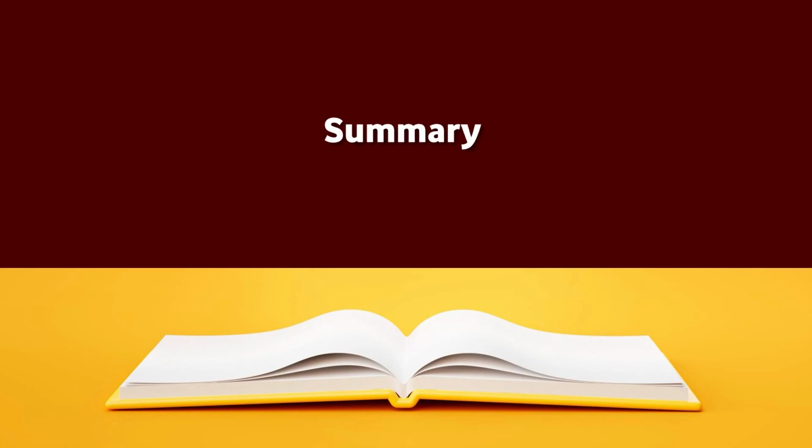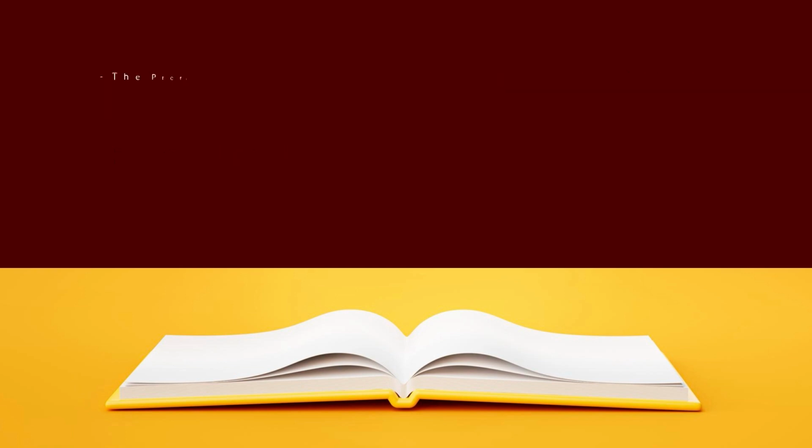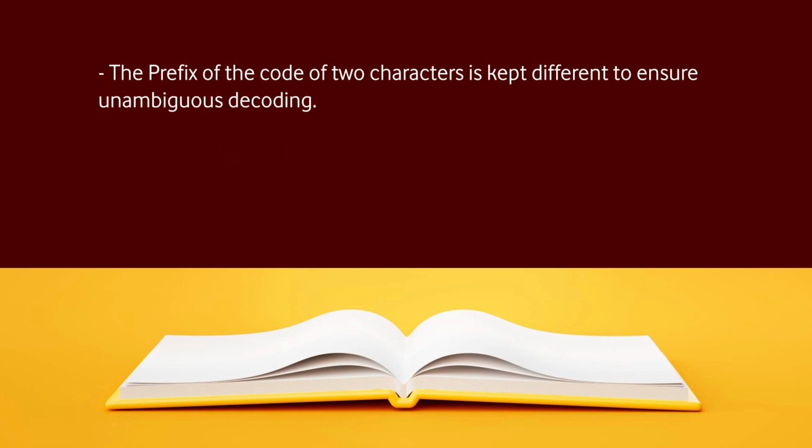So, let us try to summarize what we have covered in this session. Huffman code is an approach to compress. You can compress the coding to quite an extent. However, coding should be such that there is no ambiguity, and what we are using is variable length encoding, and the prefixes have to be kept different to ensure the encoding is unambiguous.